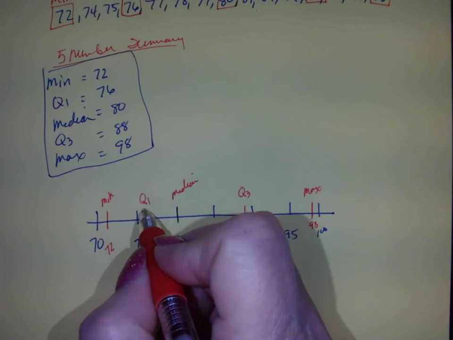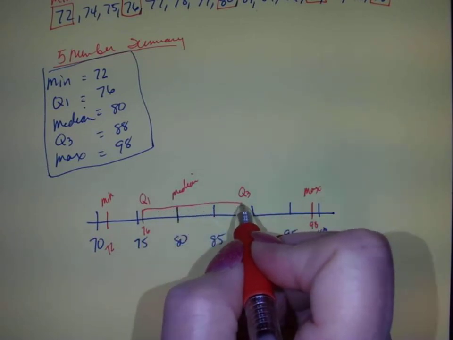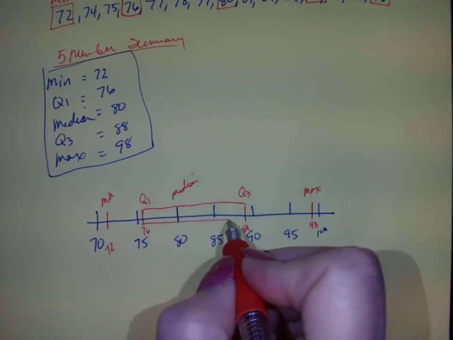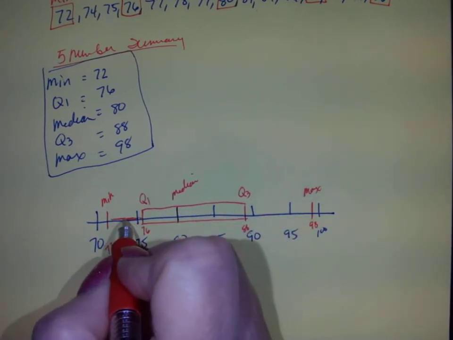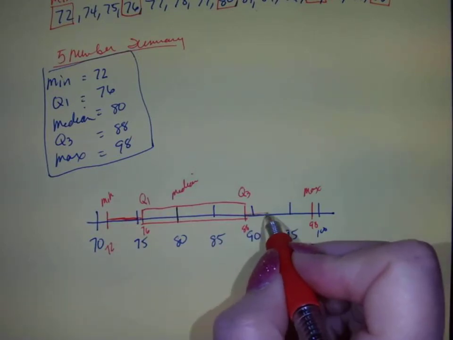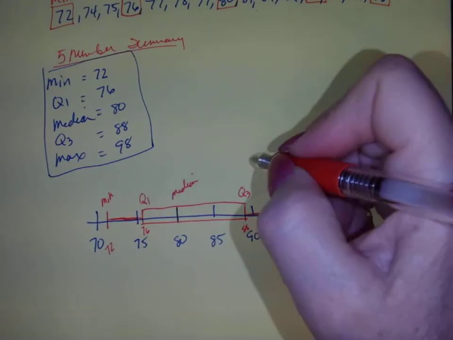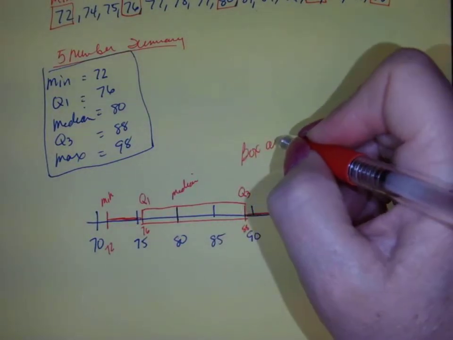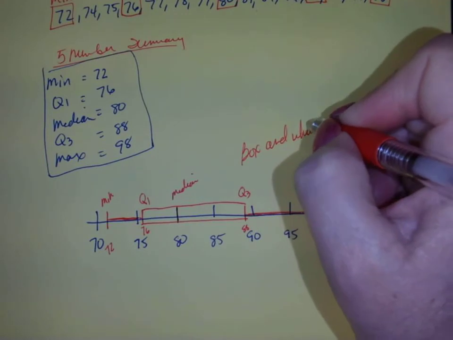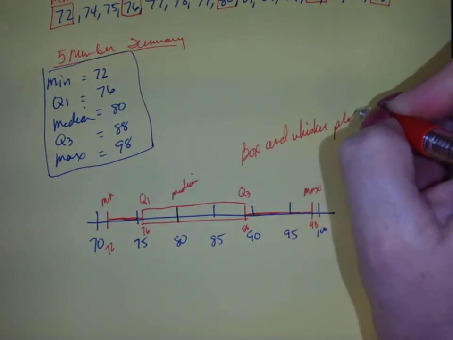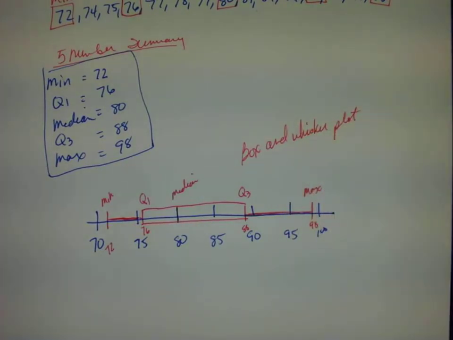All right, let's go back, and those middle 3 values, we're going to make our box, and then we got to color our whiskers on there. So again, this is our box and whisker plot.